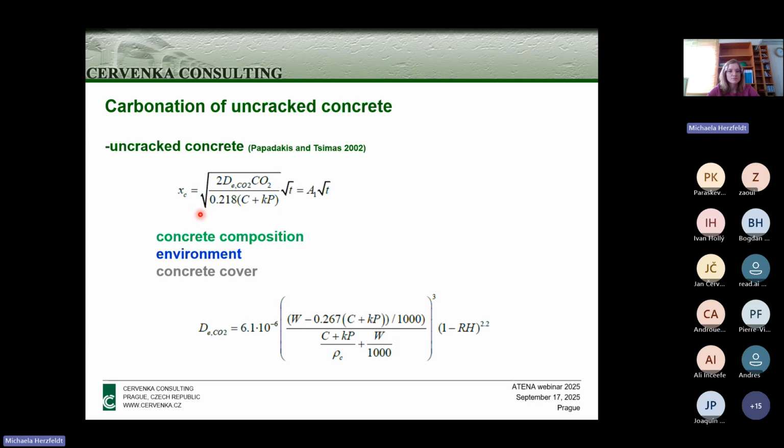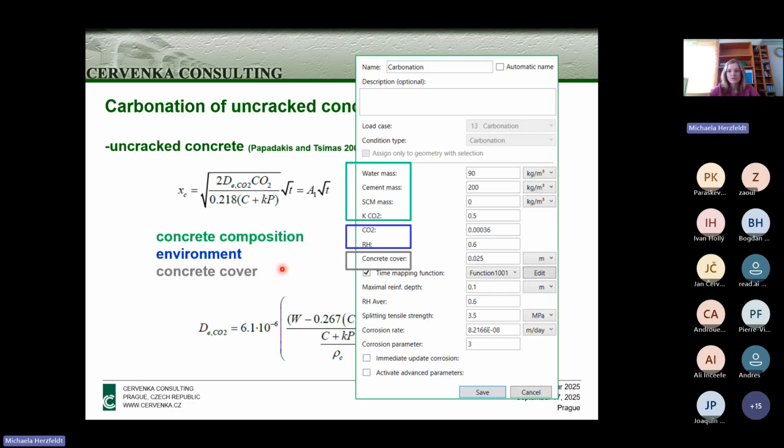And this carbonation depth, of course, depends on the concrete composition, which involves the diffusivity, this rather bigger formula that mainly consists of the composition of concrete and also the relative humidity of the environment. And also important information is, of course, concrete cover.